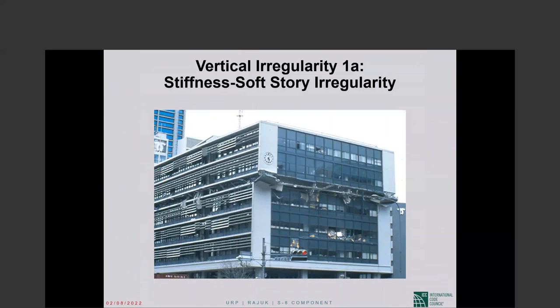This is a very nice example of what happens. So this is the city hall of Kobe after the Kobe earthquake. So in Japan, quite common is what is called steel reinforced concrete.